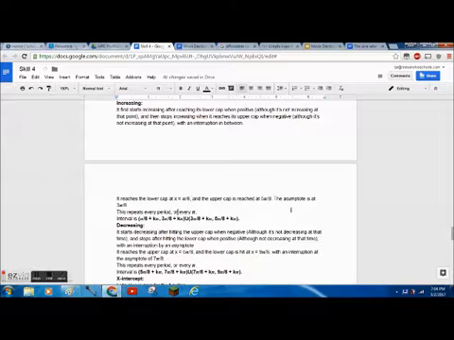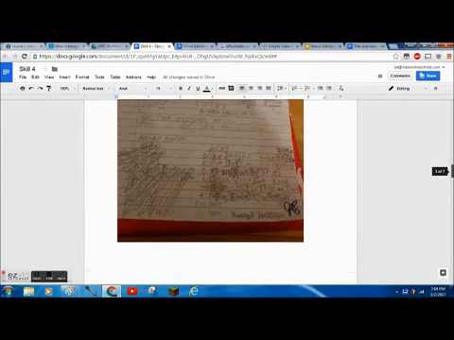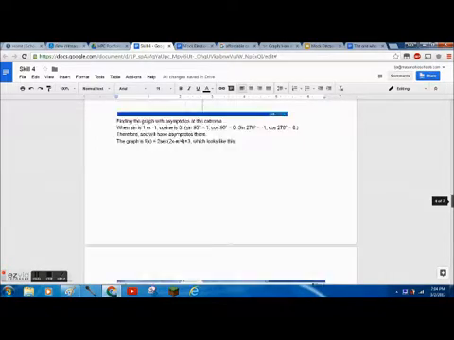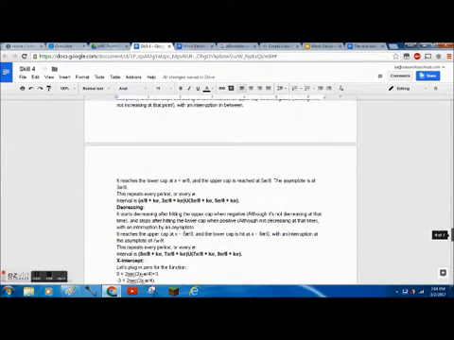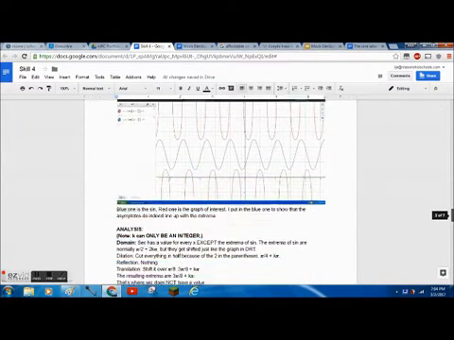It reaches the lower cap at x equals π/8, and then the upper cap, and the asymptote is here. And this repeats every period, which we established before was π. So this is the interval. Everything's a parenthesis, because at π/8, it's not increasing or decreasing. Decreasing. Back to the graph.